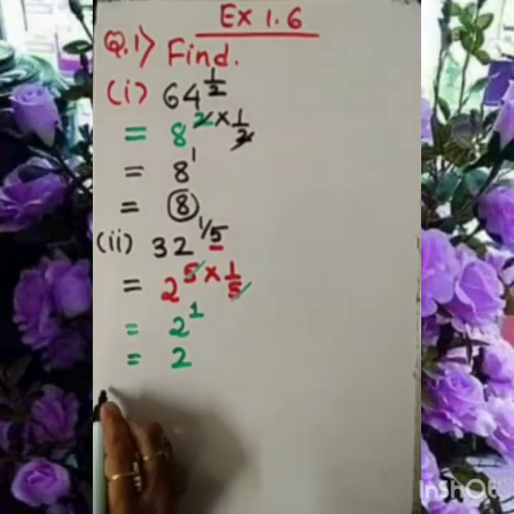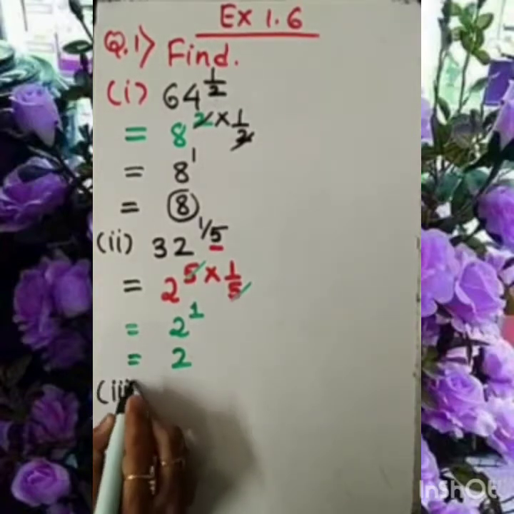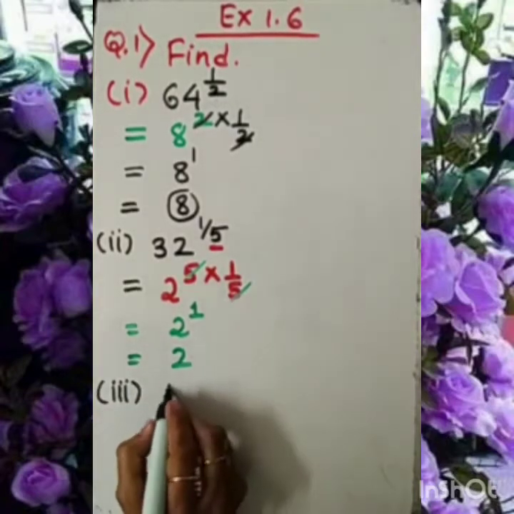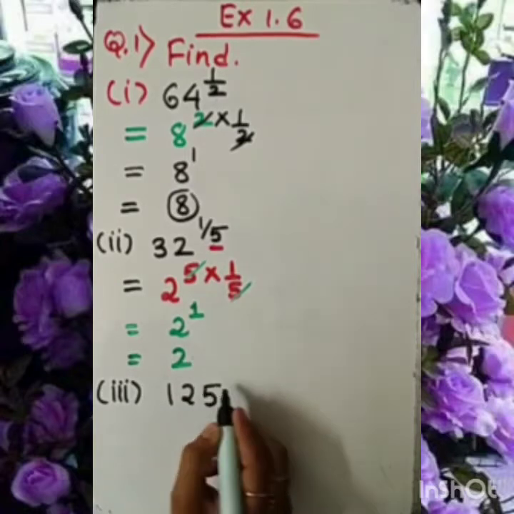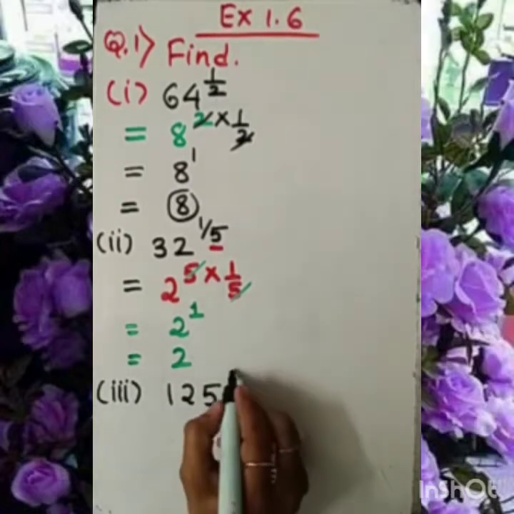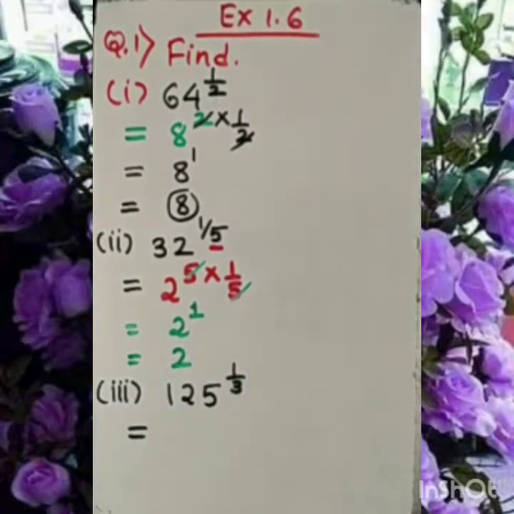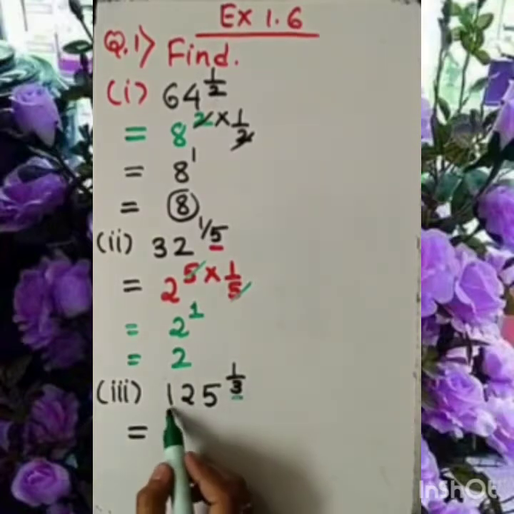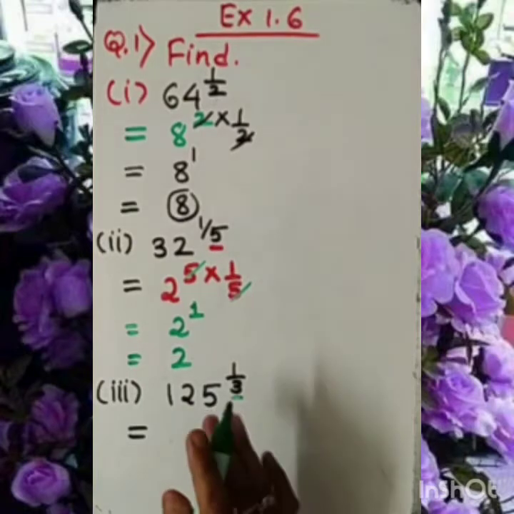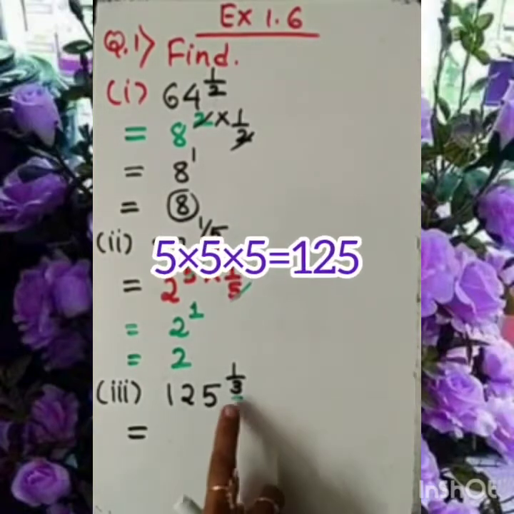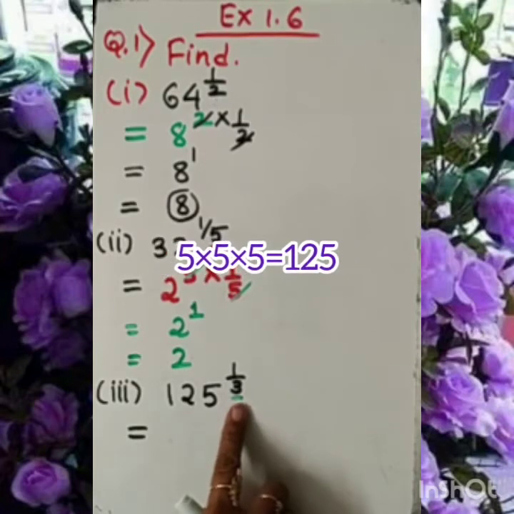Let's proceed for the third. What are we given in the third, let's see. This is our question number 1, the third part. 125 to the power 1 upon 3. Okay, dear student, as usual, I am asking you to focus on the power, that is 1/3. Means, is there any possibility to write 125 in the power of 3 so that it can be cancelled with this? Let's try.